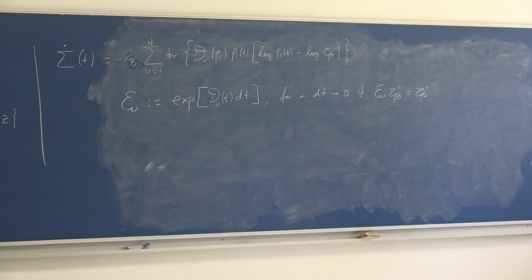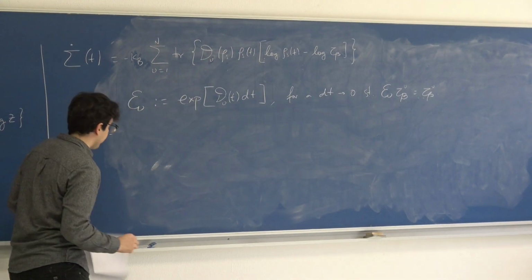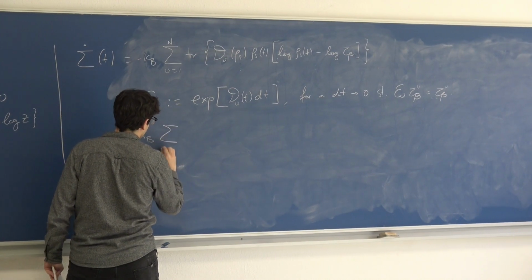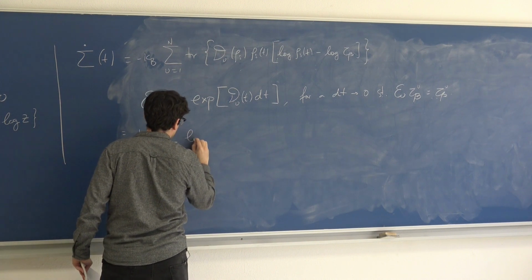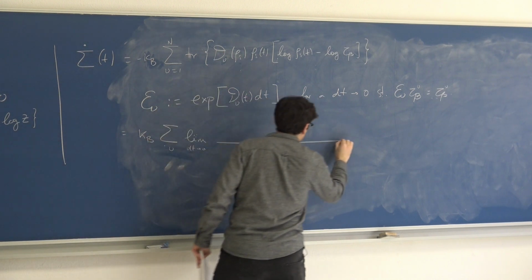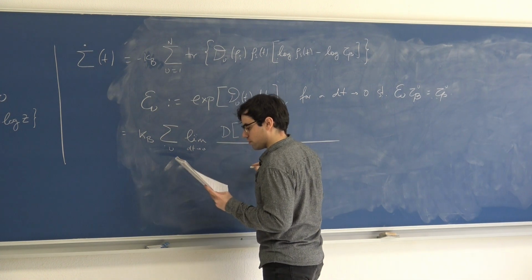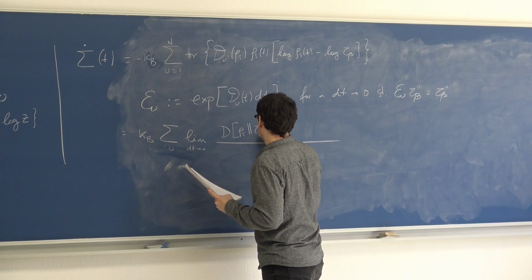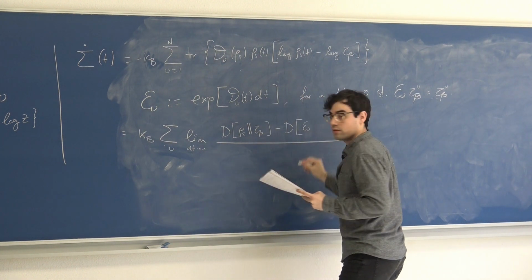So you can do some math here, and then finally write down the entropy production as k sub B and the sum over nu, in the limit where dt goes to 0, as this relative entropy I'm going to show you right now, minus the relative entropy. Sorry, Álvaro. Yeah, tell me.